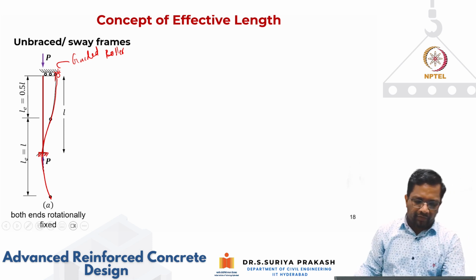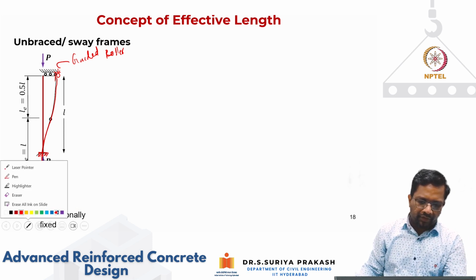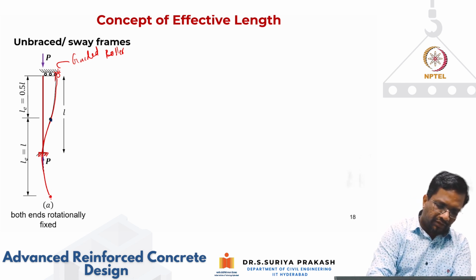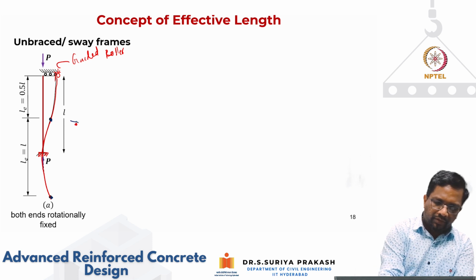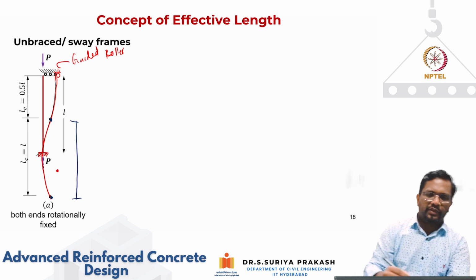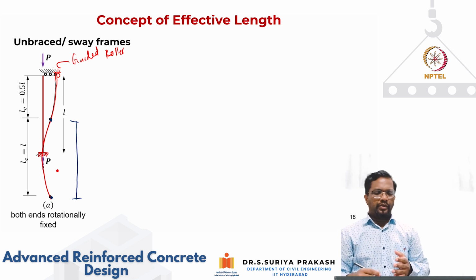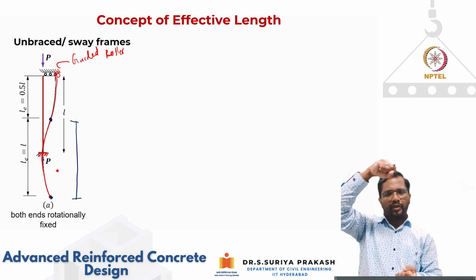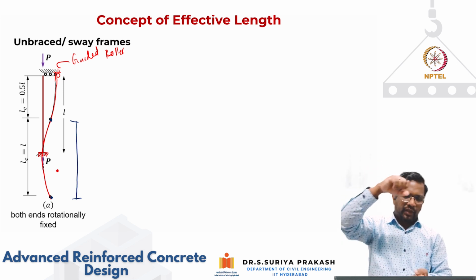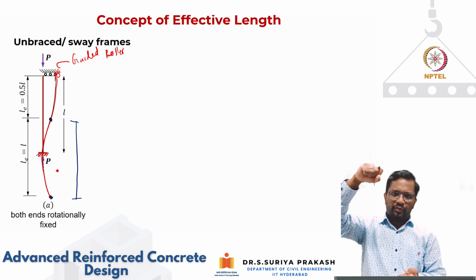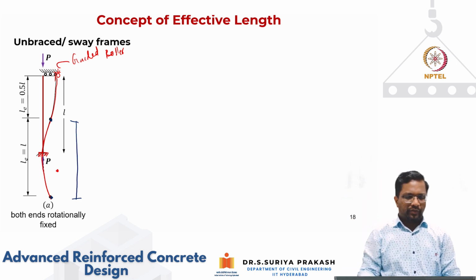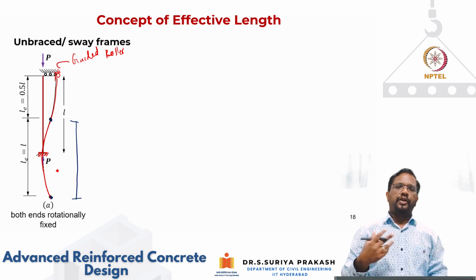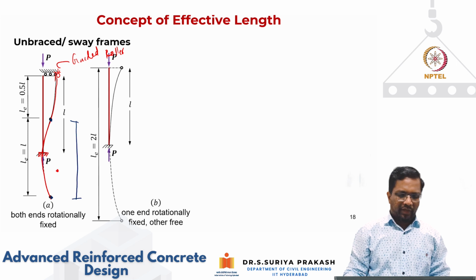My point of inflection is going to be somewhere here, and then I have to extend this outside, then this is your effective length, which will work out to be equal to L. So you see here, for a fixed case where one end is on a guided roller, the rotation is arrested, however it is free to move laterally. For a sway condition, you will find that the effective length, even for a fixed case, works out to be equal to L.